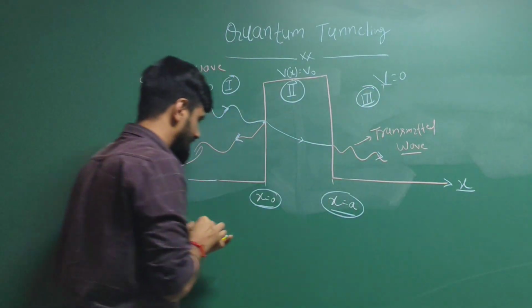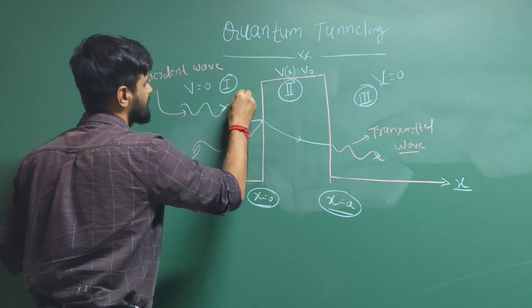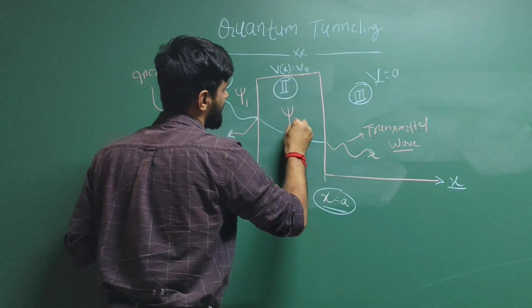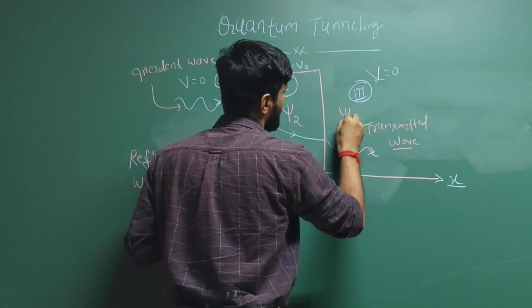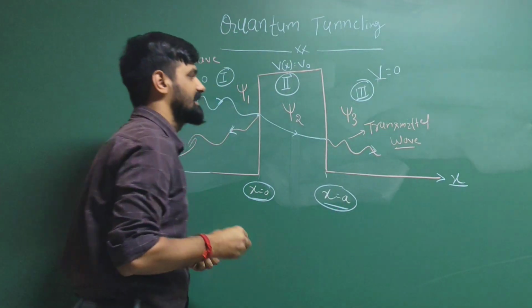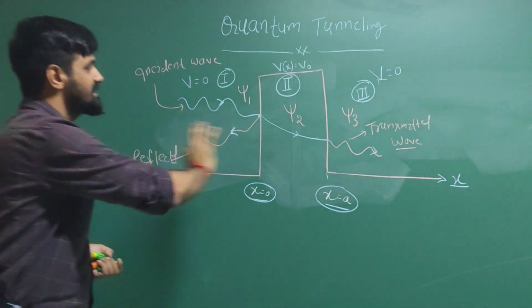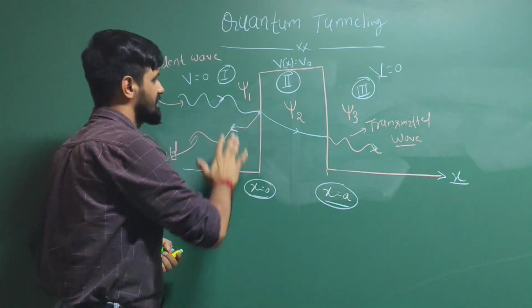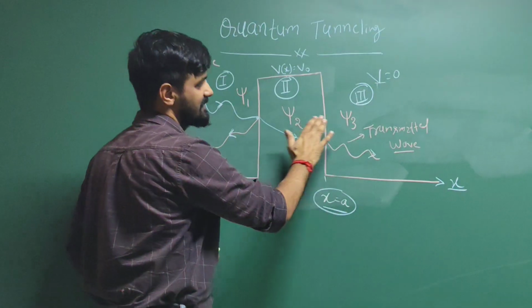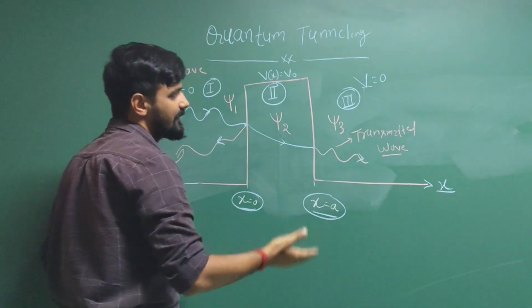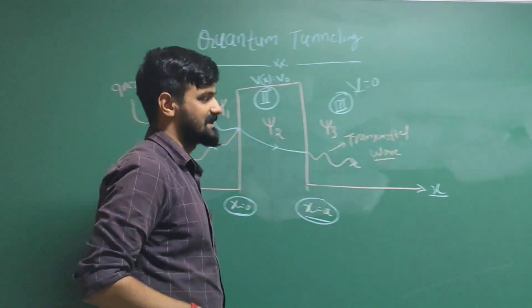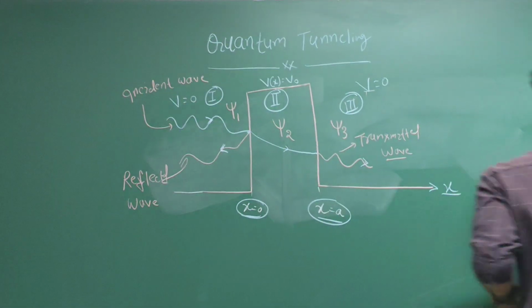In the first region we will assume the wave function is psi1, here psi2, and here psi3. In all these regions we are going to solve the Schrodinger equation, and after solving it we will calculate the values of psi1, psi2, psi3, and then the transmission probability for that particular problem.